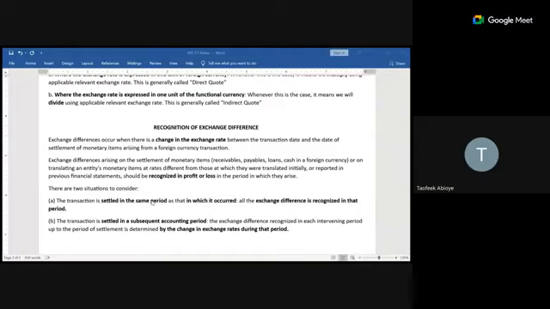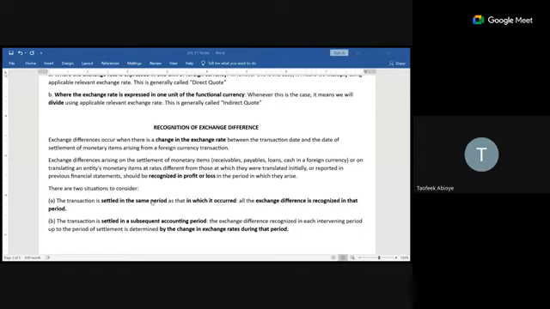What IAS 21 is saying is that whether I have exchange gain or exchange loss, I cannot recognize that exchange gain last year. I have to recognize it this year because that is when I paid, the settlement date. That is when I will recognize my exchange gain or loss. That is talking about that B part.